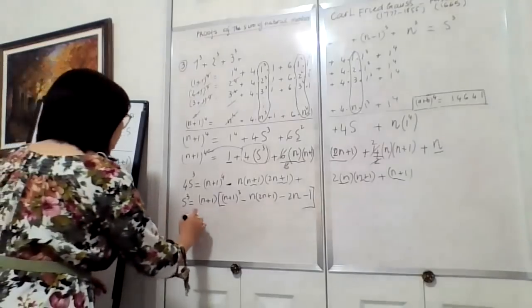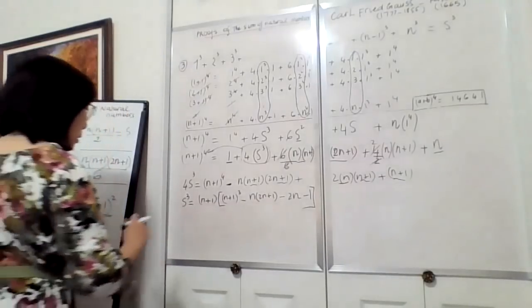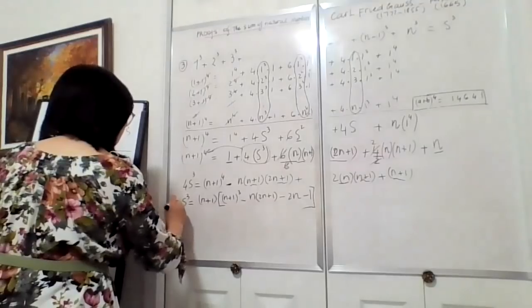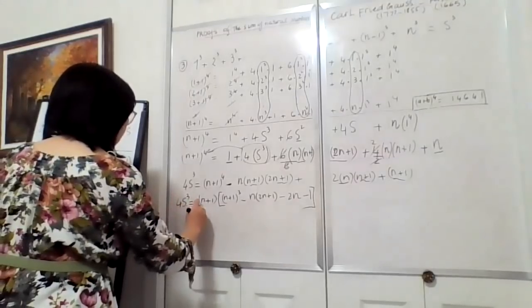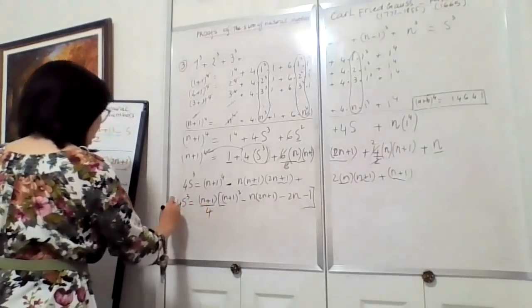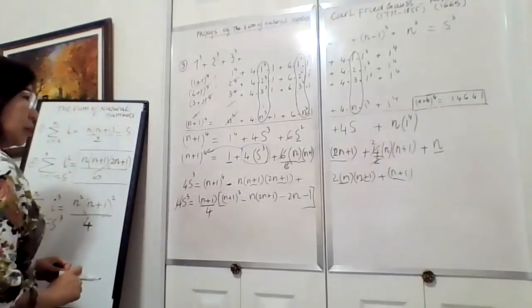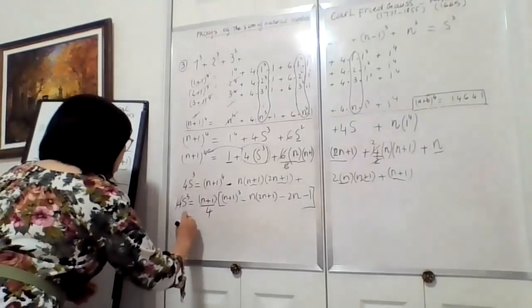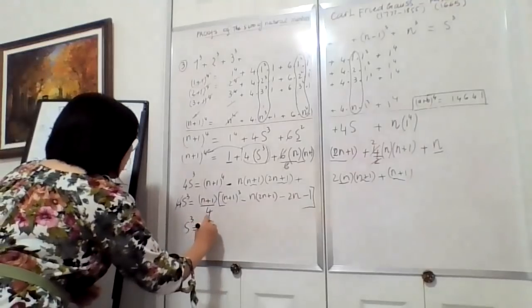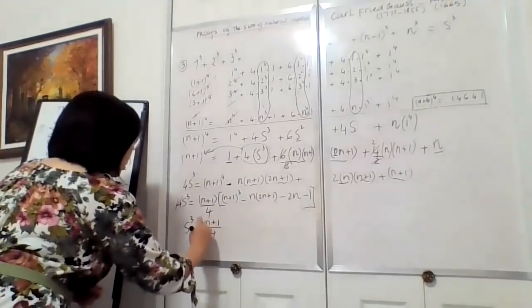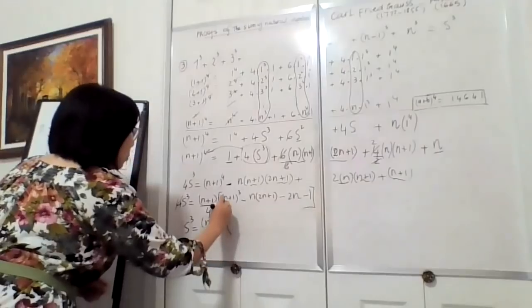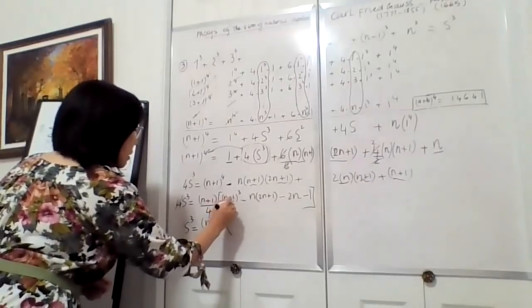Okay. So now, what do I do next? I am going to divide this by 4 and I'm going to cancel this here, right? So S3 will be equal to n plus 1 over 4 times, I'm going to simplify this, I'm going to expand this one, right?